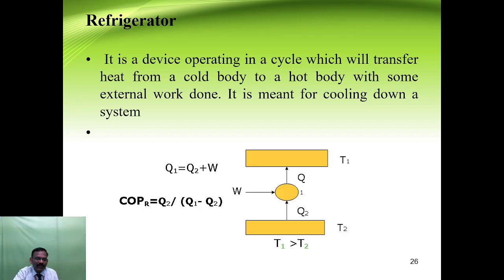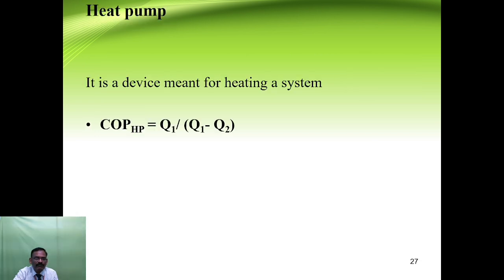It is the ratio of Q2 by Q1 minus Q2. Q2 is the lower heat energy, and Q1 minus Q2 is the difference between heat input and output. So this is the formula for COP.